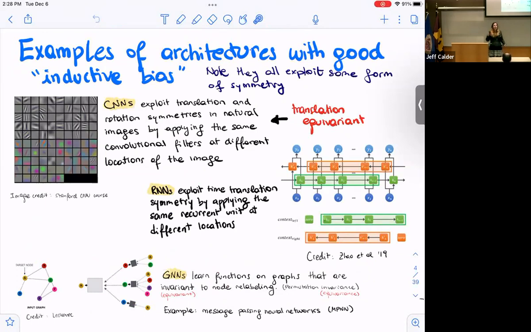So how do you design your class of functions so that they have nice properties? One can look into the literature of these deep learning models that reappeared in the past 10 years.